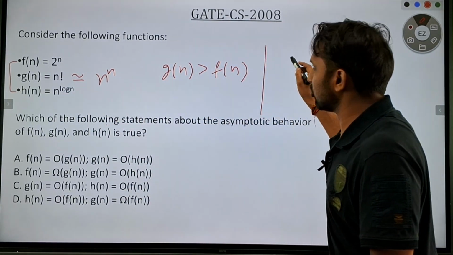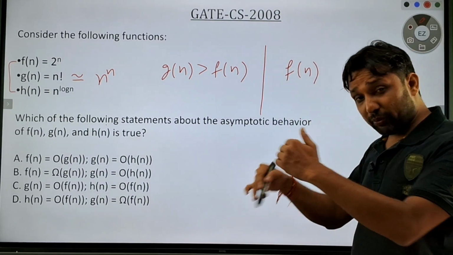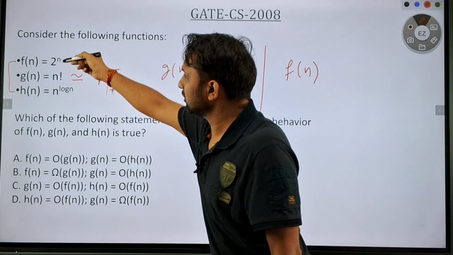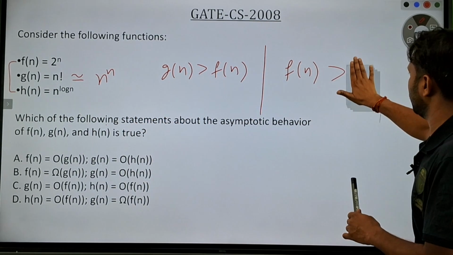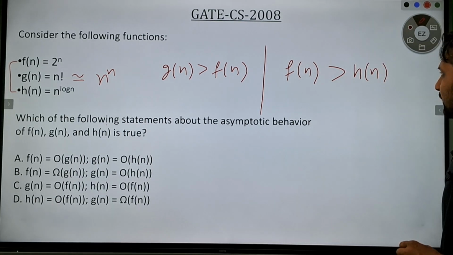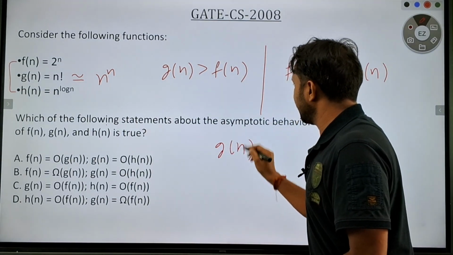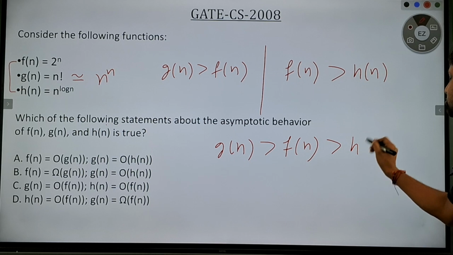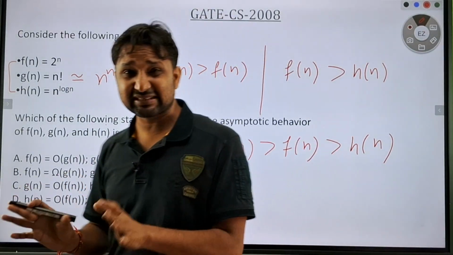So we already have this information with us. If you forget, you can go to the previous slide and check. So fn is greater than hn. Now I can write it in a combined way: gn is greater than fn and fn is greater than hn. Now we know the relationship between these three functions.